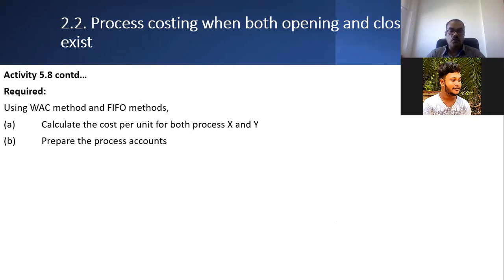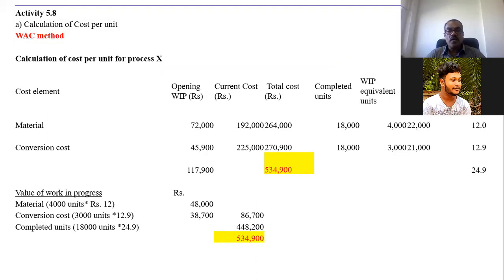Calculate the cost per unit for both process X and Y and prepare process accounts. The same calculation process is applied. For material, we take completed units 8,000, work in progress 4,000, altogether 22.